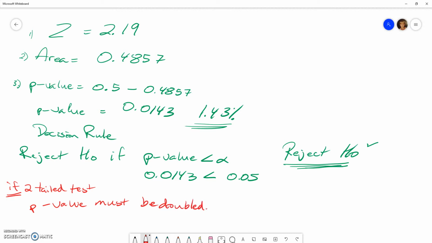We don't have the information whether this is a one-tailed test or a two-tailed test, but if it is a two-tailed test, the p-value is going to be 0.0143 doubled. So we get 0.0286. We would compare that to our alpha value, 0.5%.